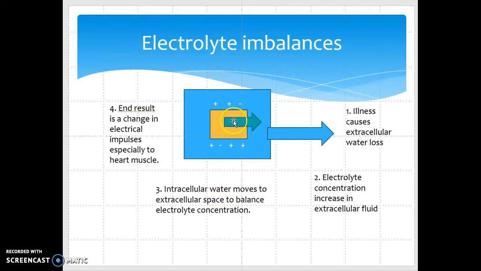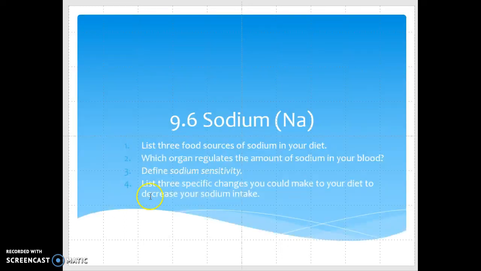So you have movement of water, just like we talked about before, and that causes electrical impulse. That could affect the muscle. So if you happen to have a loss of potassium, you can have a heart attack because the muscle also needs these impulses to be contracting. And the heart is a muscle we don't think of because it's involuntary. So that's about that section.